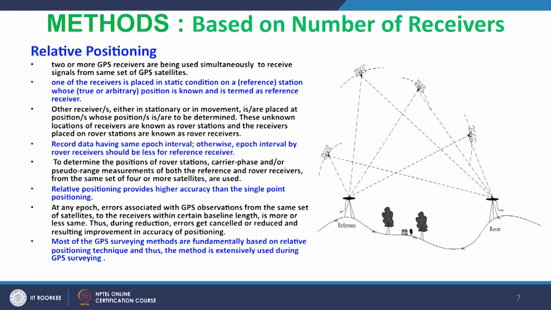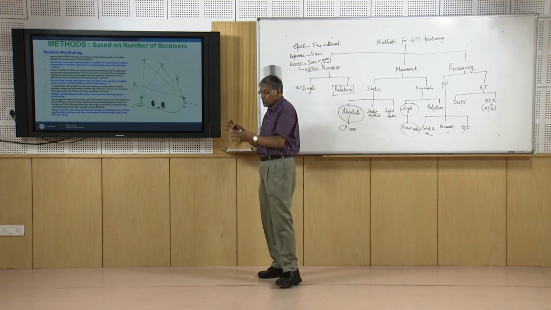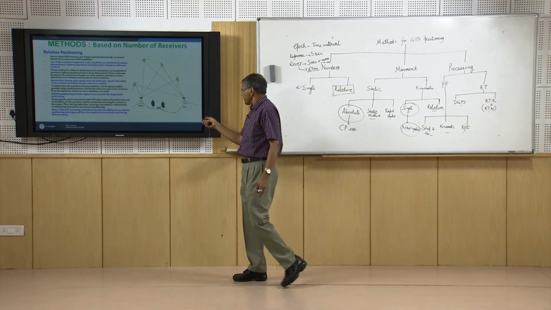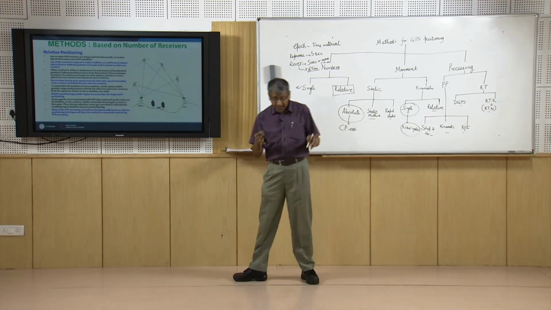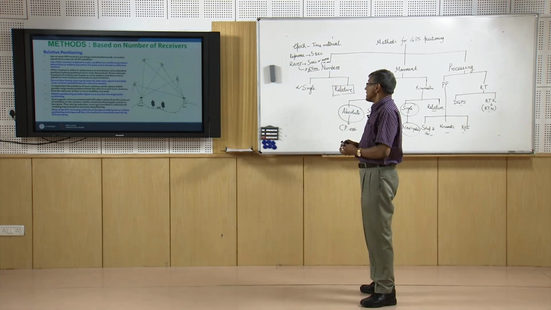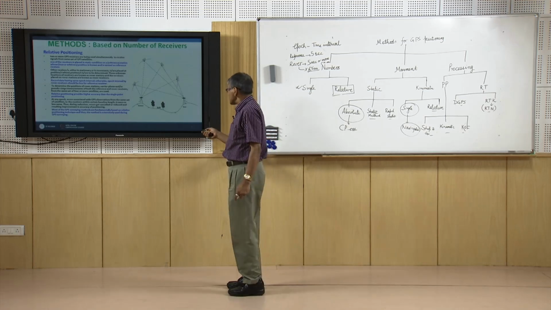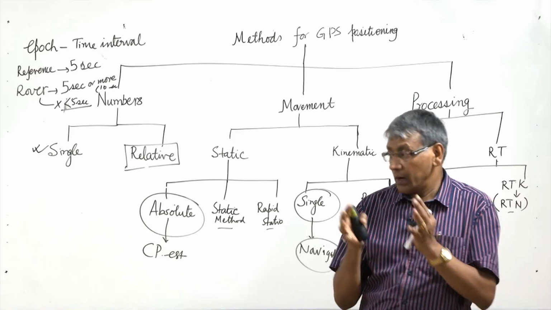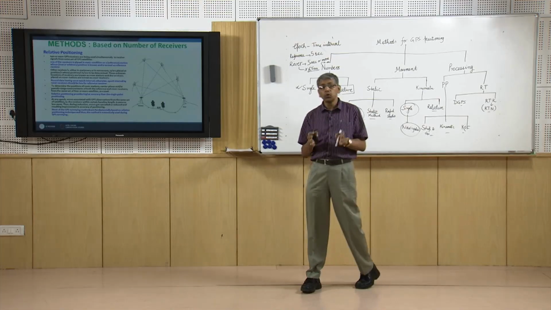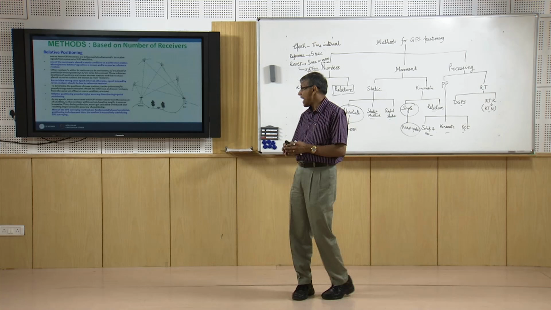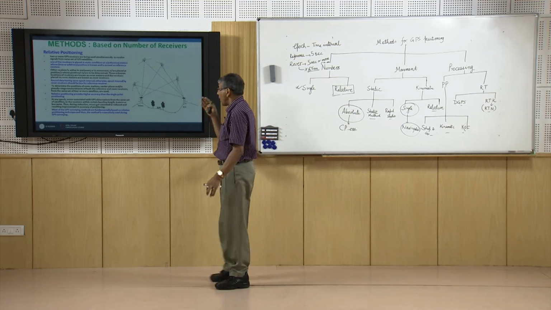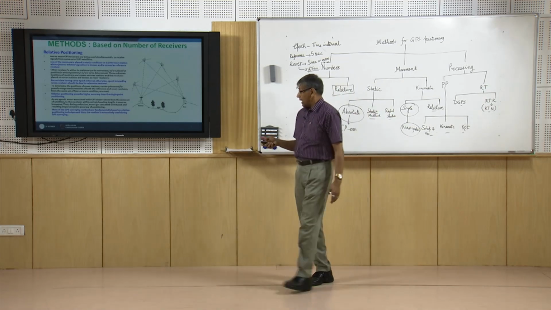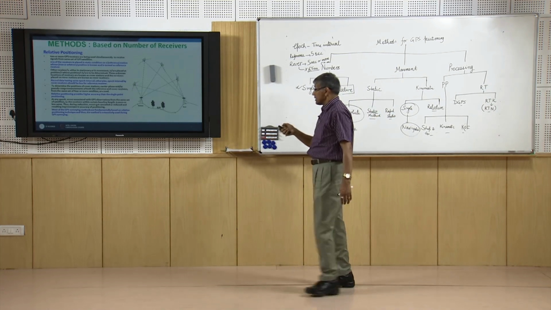So, when we process together, identical errors will cancel each other, and that will lead us to better positional accuracy. That is the idea behind relative positioning. So, for any accurate GPS surveying, we always go for relative positioning, and relative positioning is widely prevalent among all the methods, as I have told you. So, it is to be understood nicely.